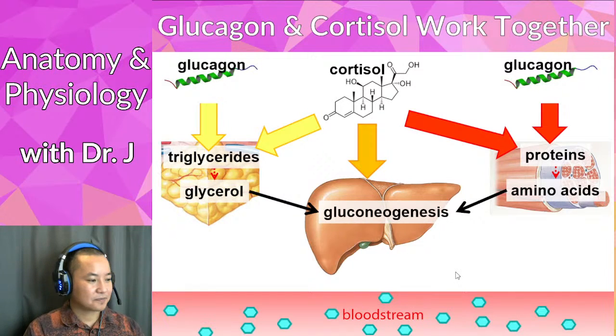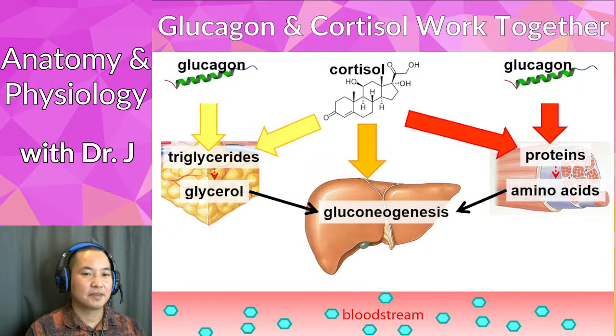So if you have amino acids going to gluconeogenesis, now you have even more blood sugar. What do we see here? I should also include glycogenolysis, the breakdown of glycogen into glucose. That's going to add even more sugar to the bloodstream. So what we see is that glucagon and cortisol do the opposite of insulin.